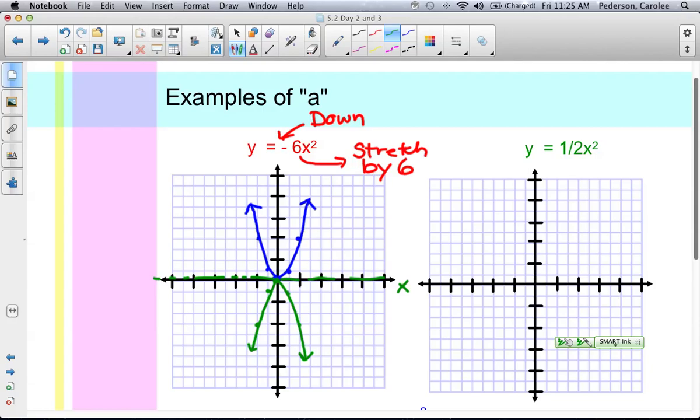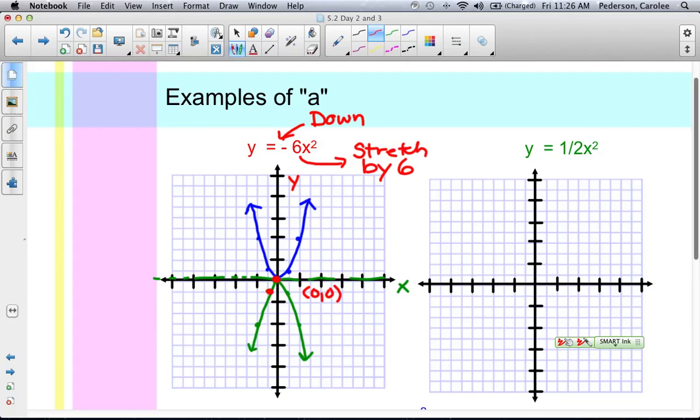But then I have to stretch it by 6. So now my critical point still is my vertex, 0, 0. But I'm going to stretch these points on the y-axis.